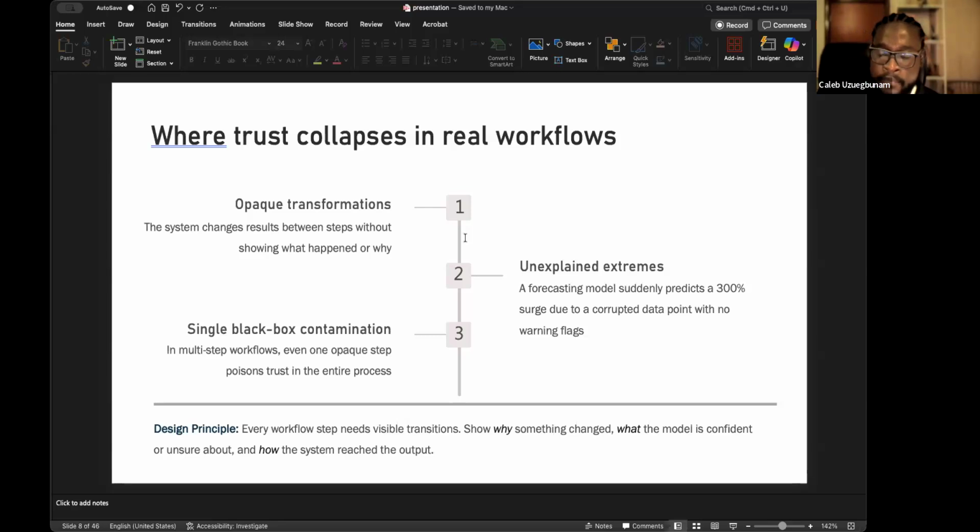Now, if the workflow goes off and runs from task 1 to task 20 and comes back with a fully formed deck without showing exactly what happened between those 20 steps, you're not going to trust what comes out at the end, even if it looks very good.